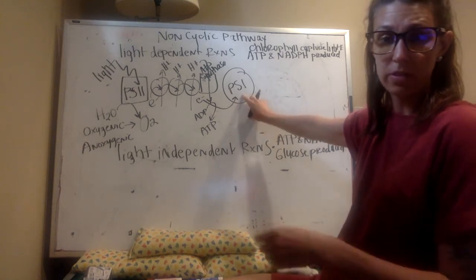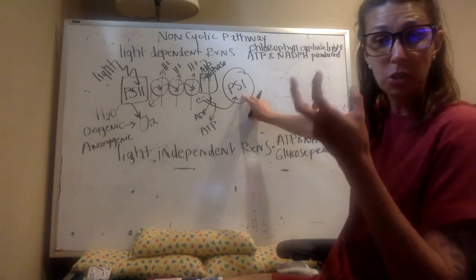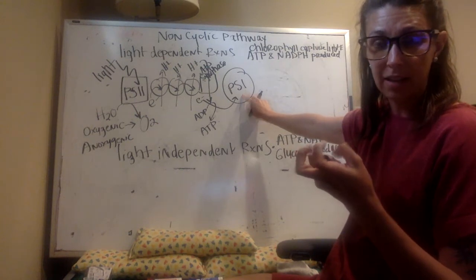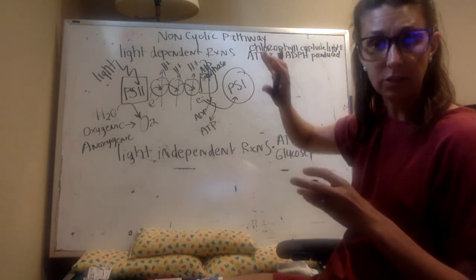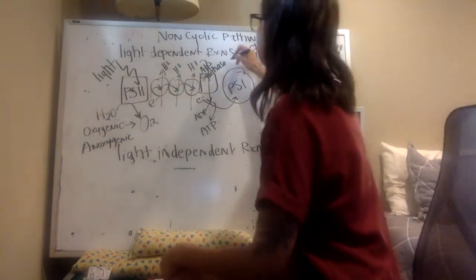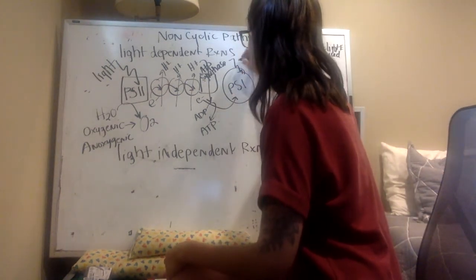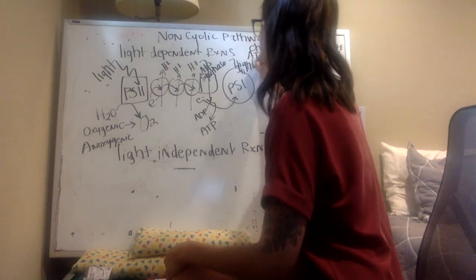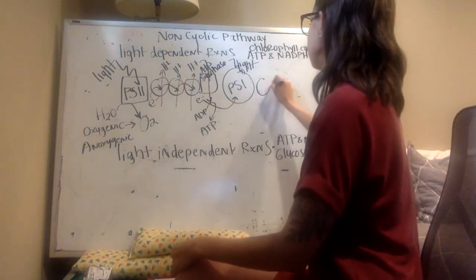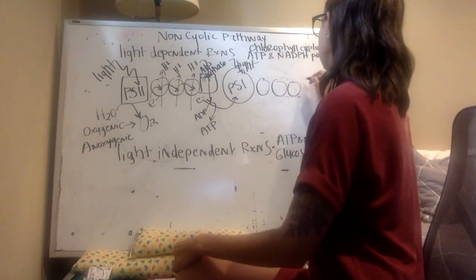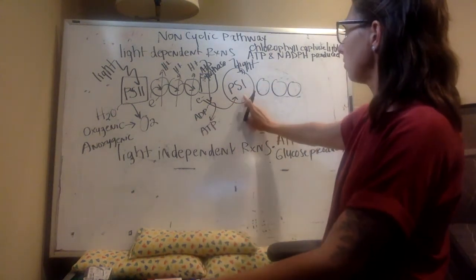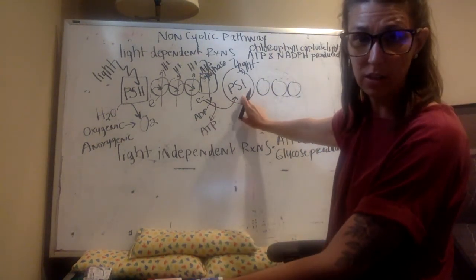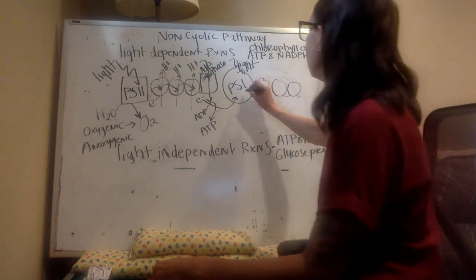Photosystem 1, remember those have the chlorophyll. It will capture more light energy and bring that electron to a high energy state to allow it to go through another electron transport chain. All right, so photosystem 1 is the final electron acceptor.